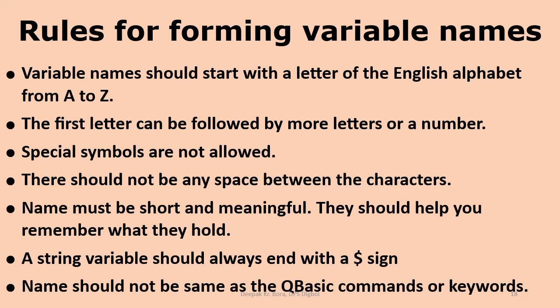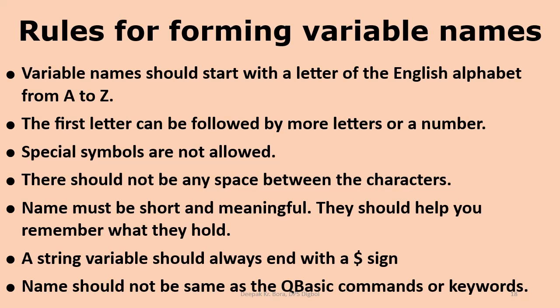Rules for forming variable names. Variable names should start with a letter of the English alphabet from A to Z. It means that a variable name should always start with a letter. It should not start with a number, that is 1, 2, 3, 4, etc. Second, the first letter can be followed by more letters or numbers. Special symbols are not allowed.